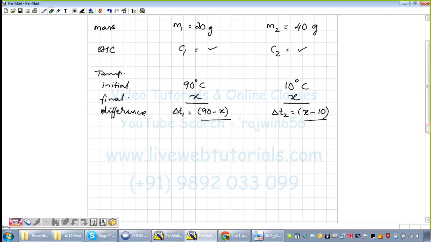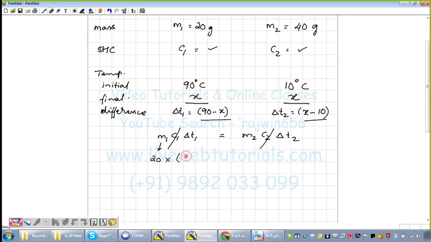Then I can obviously use the formula heat lost is equal to heat gained. That is M1 C1 delta T1 is equal to M2 C2 delta T2. Obviously in this case both of them are water on either sides. So directly you can strike them off. Mass of hot water is 20 grams.